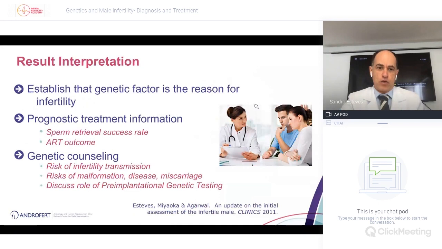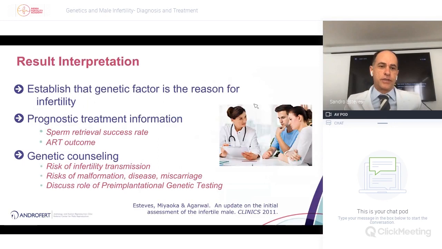For instance, in patients with azoospermia, according to the results of Y chromosome microdeletion, we might discuss the likelihood of finding sperm, or even if the patient is a candidate for sperm retrieval. And also, the genetic factor might affect the outcome of IVF and ICSI.